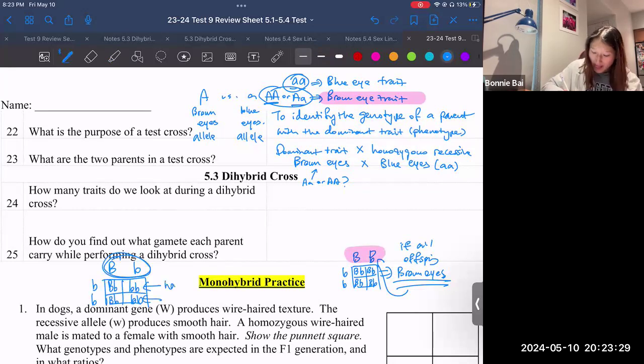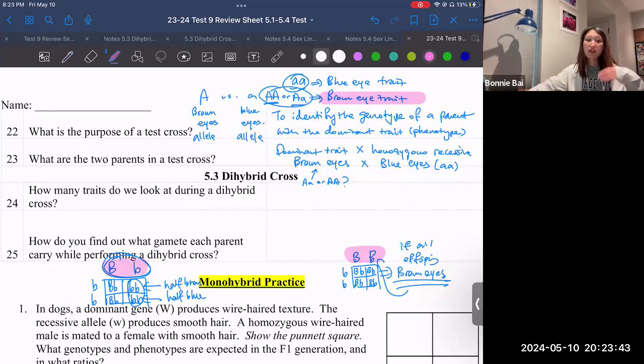You would have half brown and half blue. These two are the blue, okay? So if the children have half brown eyes, half blue eyes, what that tells me is that the unknown parent was a big B, little b situation. That's heterozygous, okay? All right.